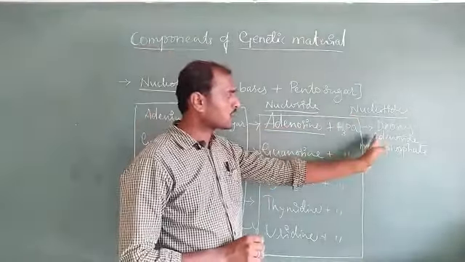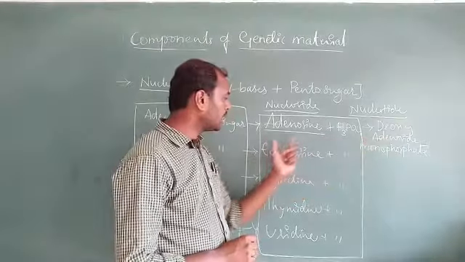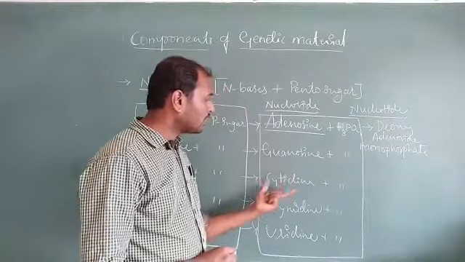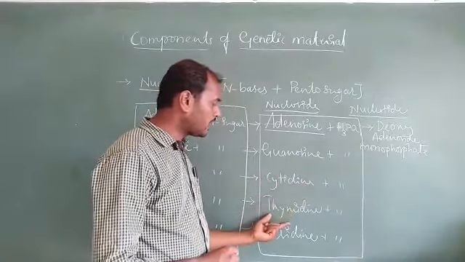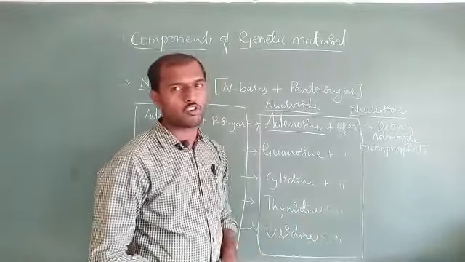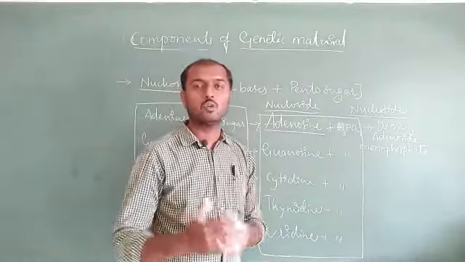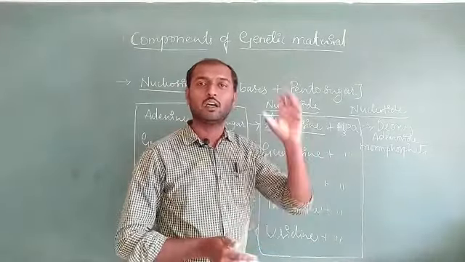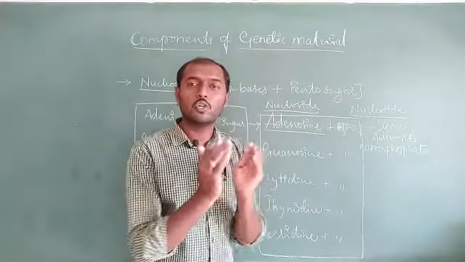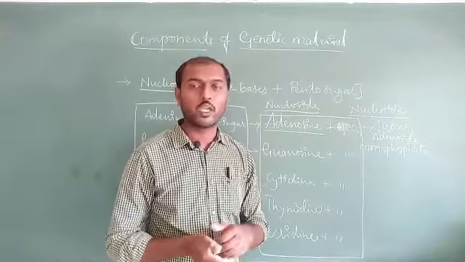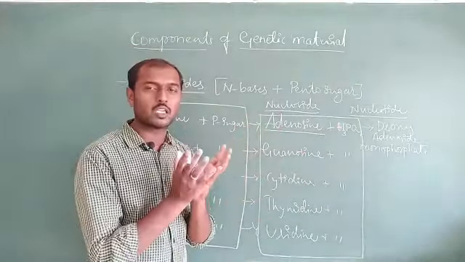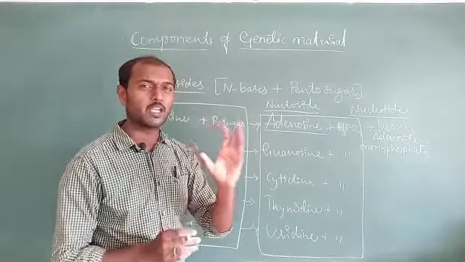Deoxyadenosine monophosphate, deoxyguanosine monophosphate, deoxycytidine monophosphate, deoxythymidine monophosphate, and deoxyuridine monophosphate. This is how the monomers, blocks or units of the DNA are going to form.